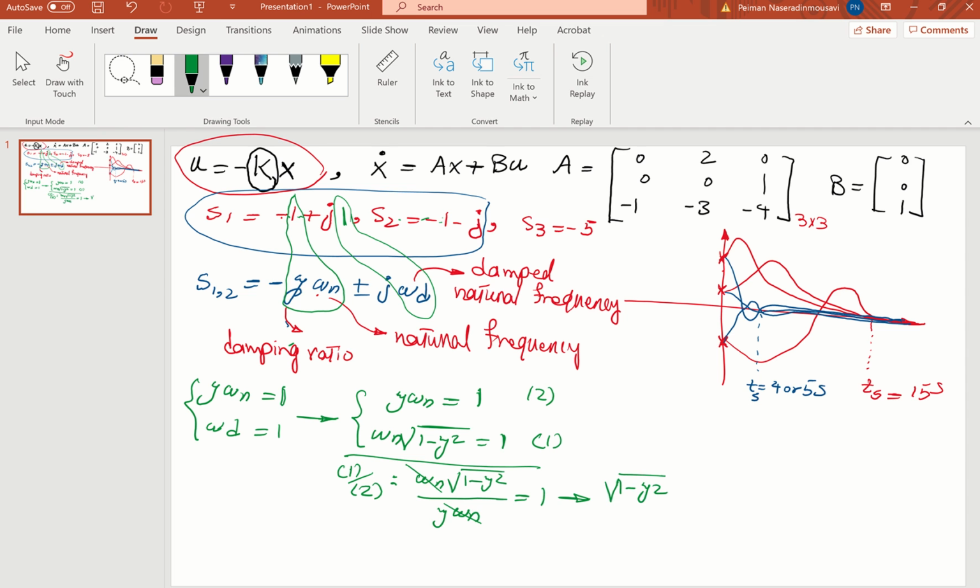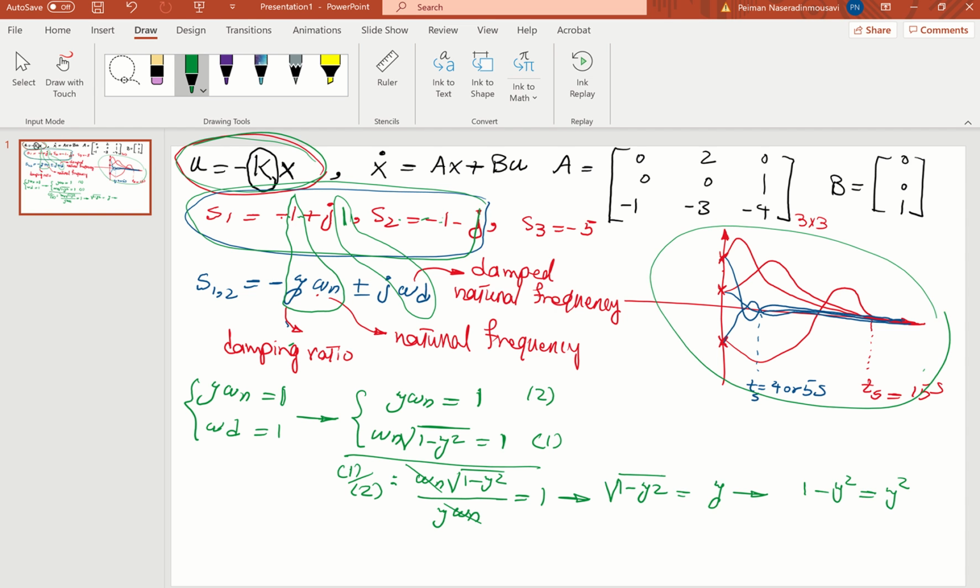I'm doing this because you want to know why your boss asks you to design a feedback control law to have such a pair of complex conjugate poles, and how we get these plots. This is not by accident. So root of 1 minus zeta squared over zeta is equal to 1. Squaring both sides, you get 1 minus zeta squared equals zeta squared, so 2 zeta squared is 1.